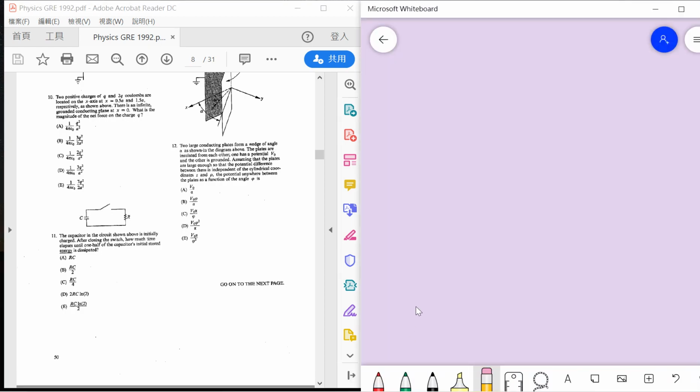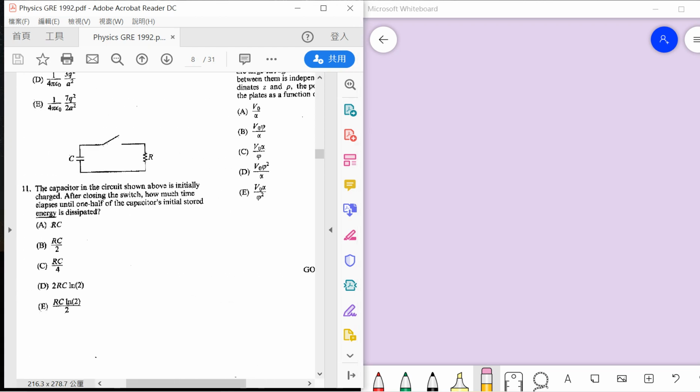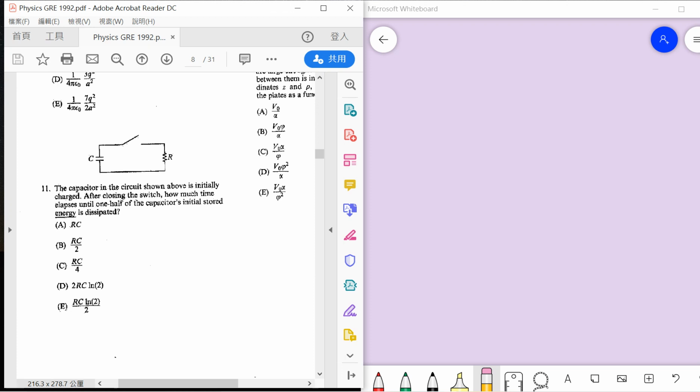Number 11. Number 11 is basically the RC circuit. I would suggest that, in general, to solve this question you need to use the differential equation.